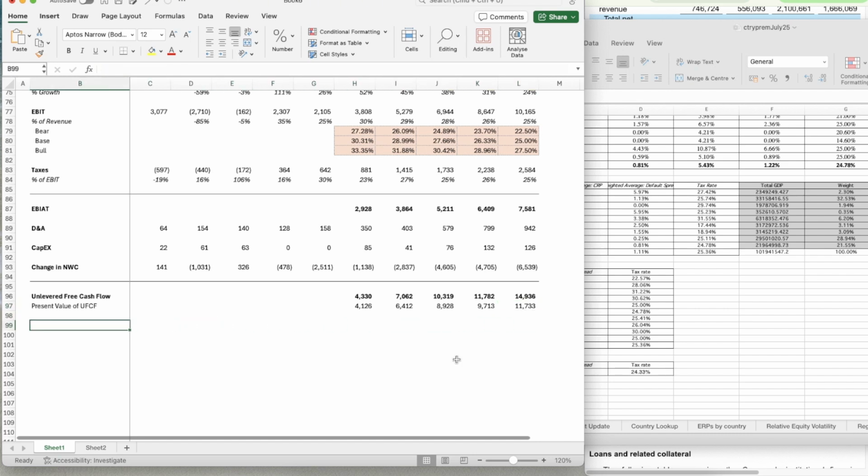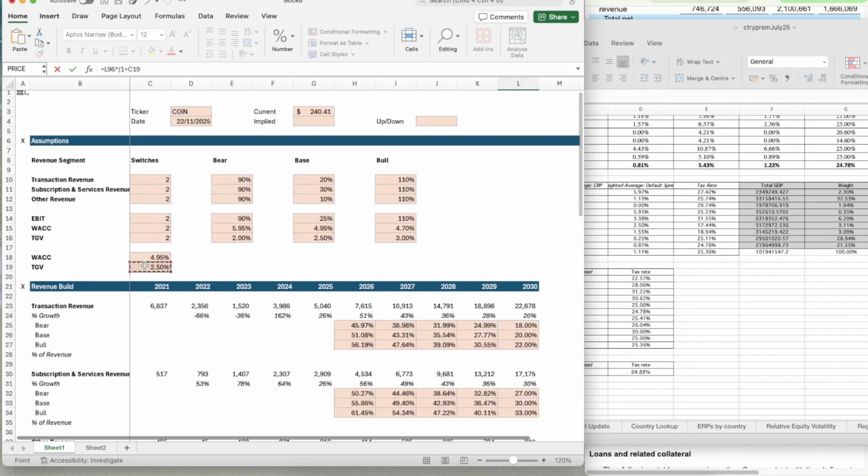The next thing we need is the terminal value. You take your final year, multiply by 1 plus your terminal growth value, divided by your WACC minus your terminal growth value.